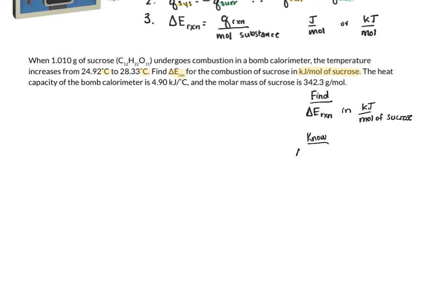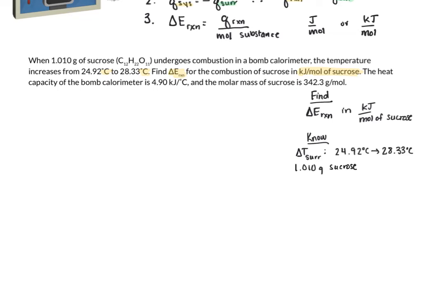So we know that delta T of the surroundings raises from 24.92 degrees C to 28.33 degrees C. We know that we have 1.010 grams of sucrose.